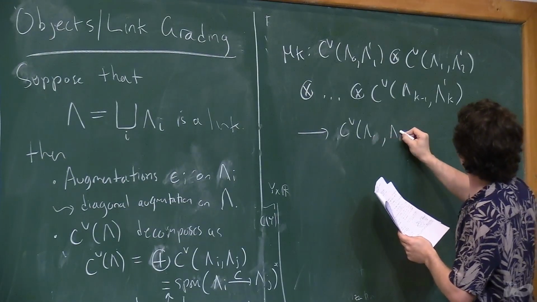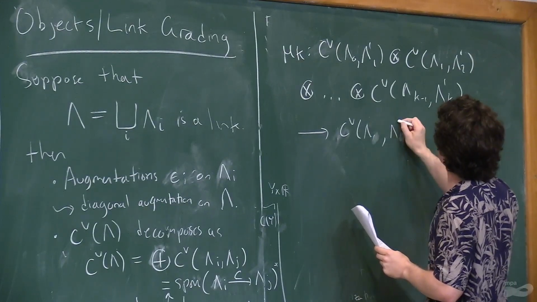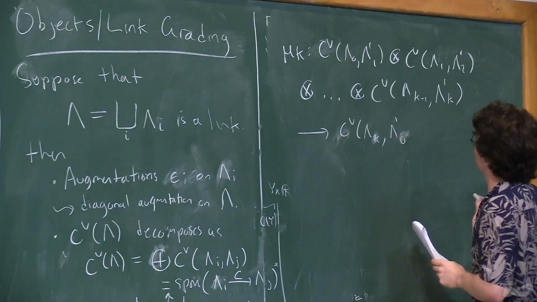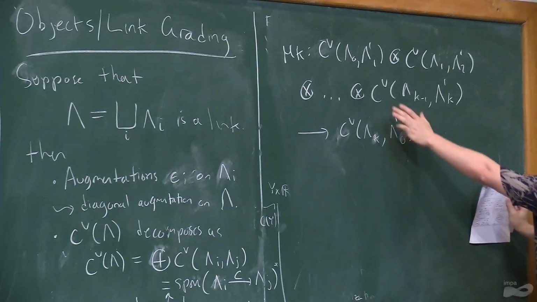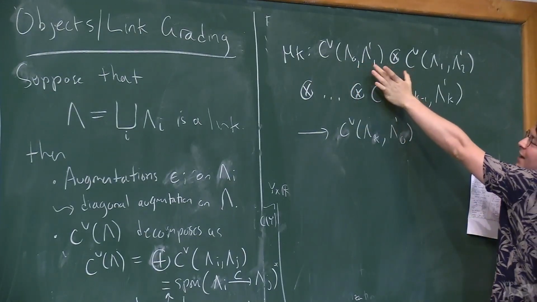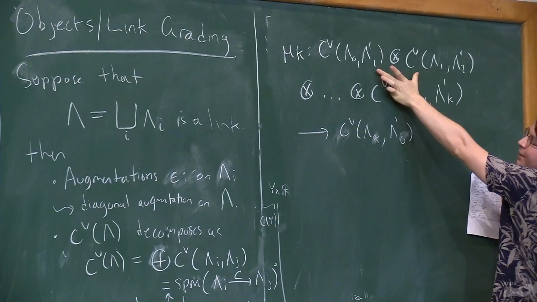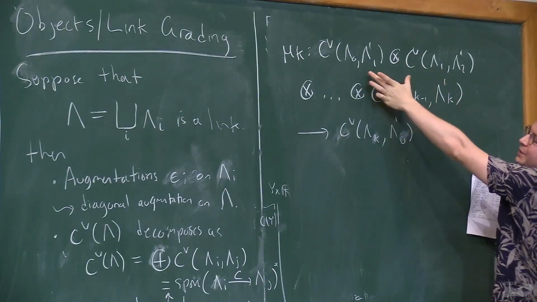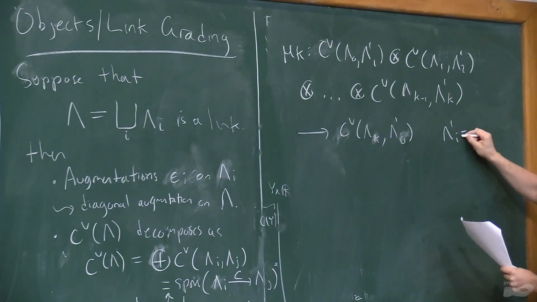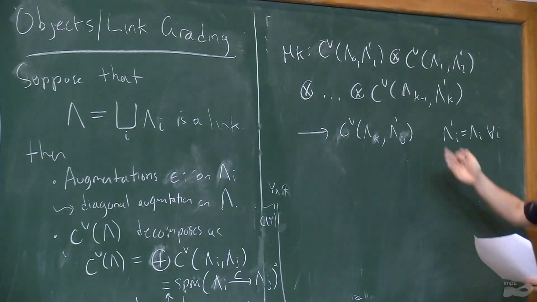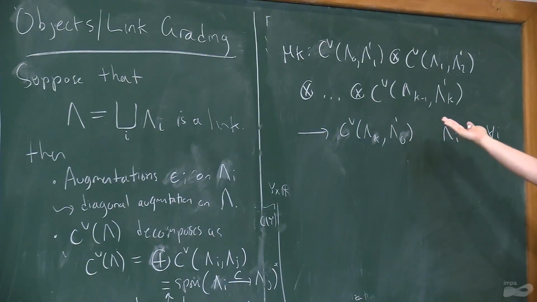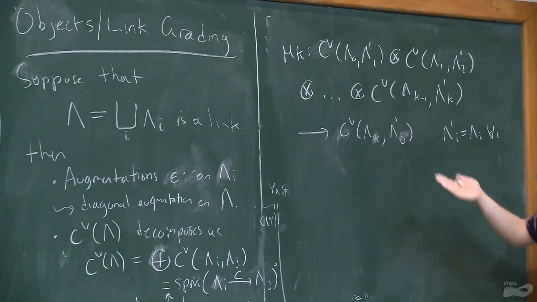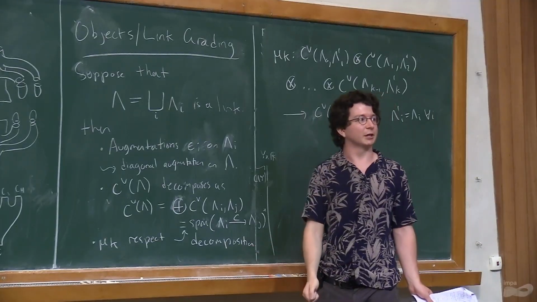So maybe I'll write this convention. I may have screwed up. I've confused myself with the order here. But roughly the idea is that if you have a composition of this form, going between components, then this composition can only be nonzero if the endpoint Legendrians for each of these match up. So basically, lambda_i' needs to be equal to lambda_i for all i. So if the A-infinity operation is not zero, then this setup has to be composable. So that's a very crucial way that this thing respects the link grading.